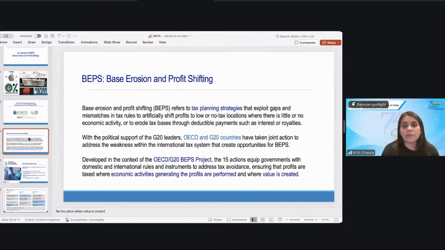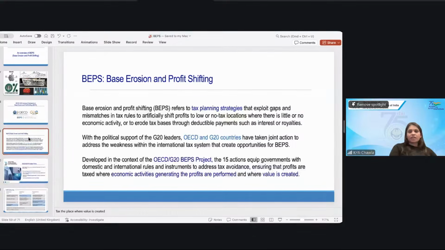And what is BEPS? Well, BEPS was basically tax planning strategies exploiting gaps and mismatches and shifting profits from high tax jurisdiction to low tax jurisdiction, with deductible payments like interest and royalties. This is the reason the OECD and the G20 countries got together, because they said they'll address these weaknesses in the international tax system. So they came up with these 15 action plans, 15 areas where they thought tax avoidance strategies were in place.